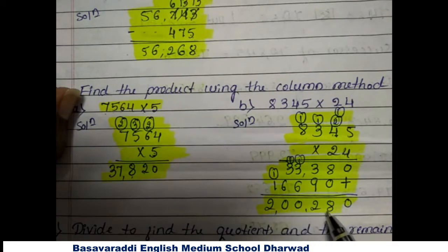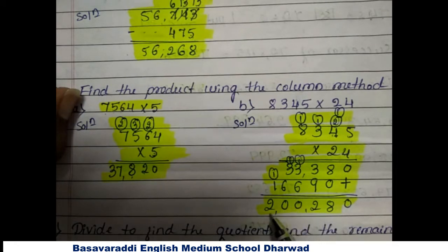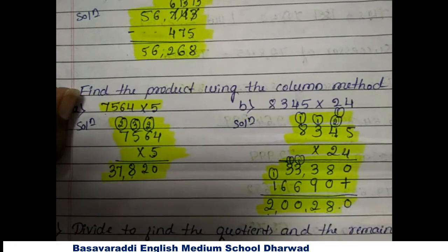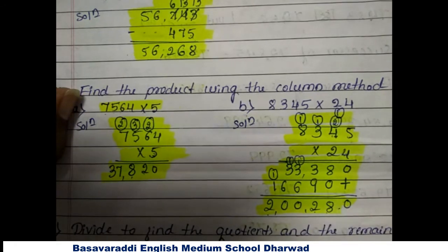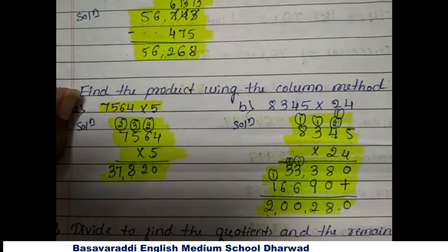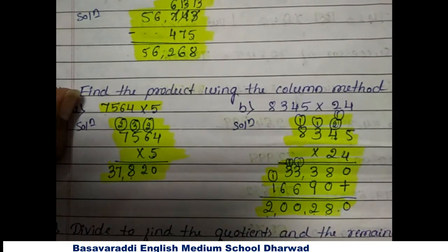Okay, this is the product. What is the product? The result of the multiplication is called the product. 2,280 is the product of 8,345 into 24.